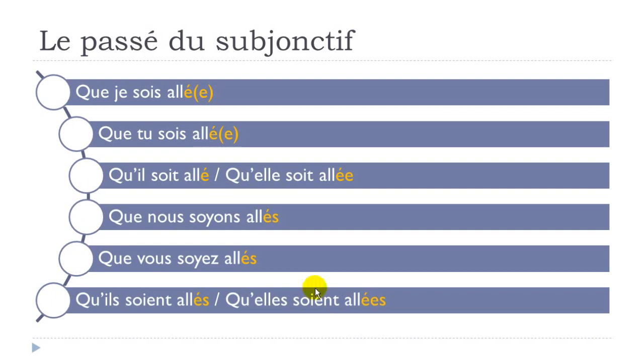All right, and now with the liaison, because I know that you want them. Que je sois allé, que tu sois allé, remember, no liaison when we've got these two. Qu'il soit allé, qu'elle soit allée, que nous soyons allés, que vous soyez allés, qu'ils soient allés, qu'elles soient allées. All right?